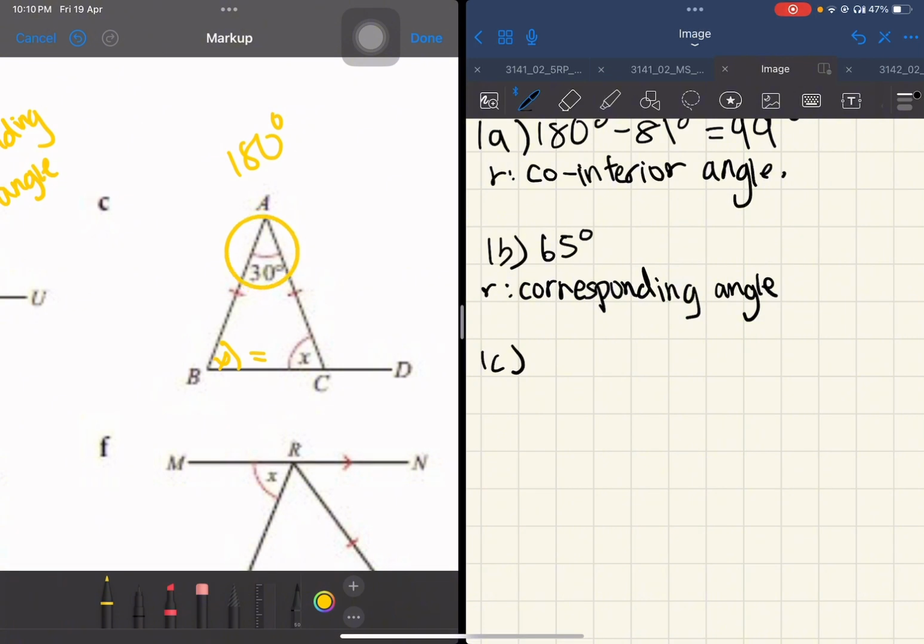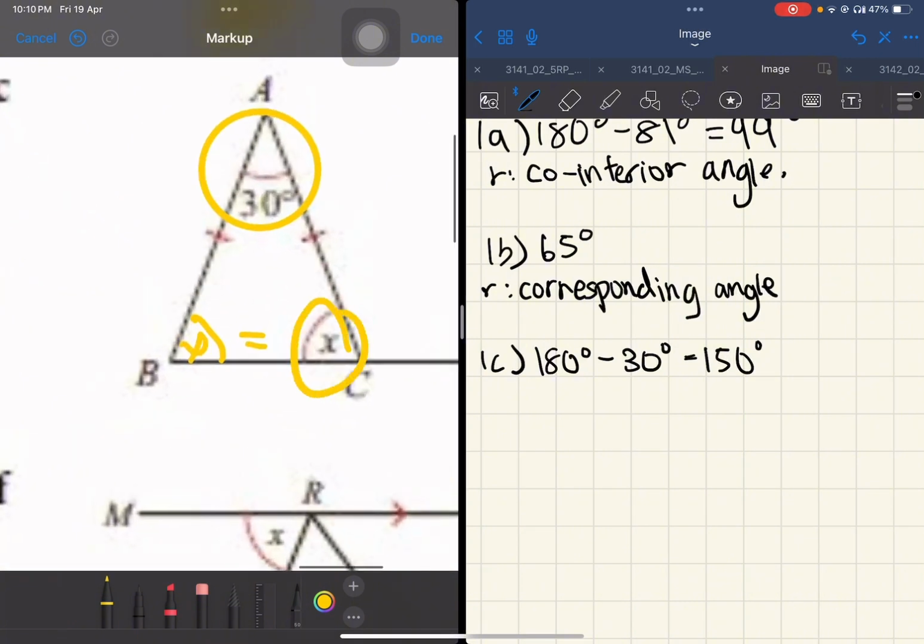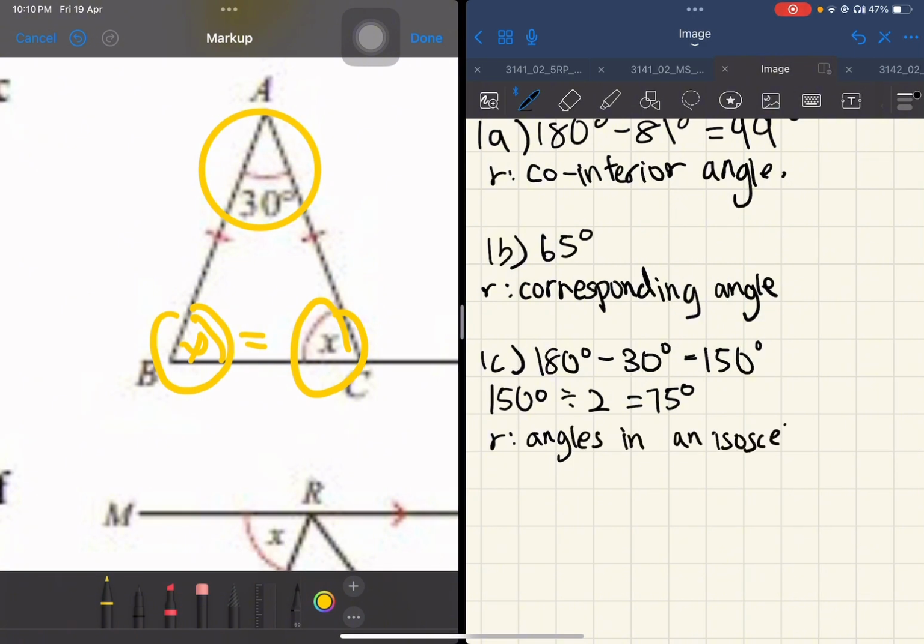They've only given us the angle on the top, so what we have to do is 180, the sum of the interior angles of a triangle, subtract 30 and get 150. Then because x equals this angle right here, you get 150 divided by 2, and you get 75 degrees. Reason being, angles in an isosceles triangle.